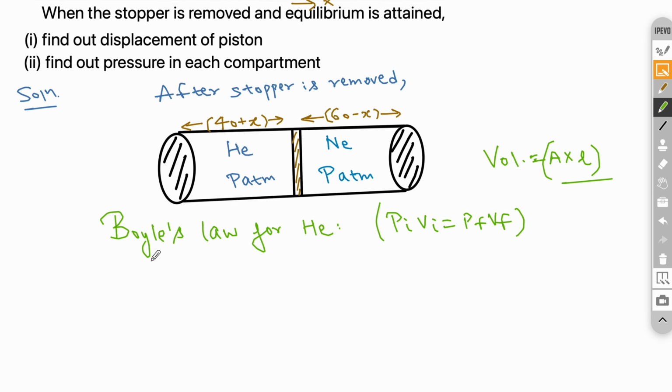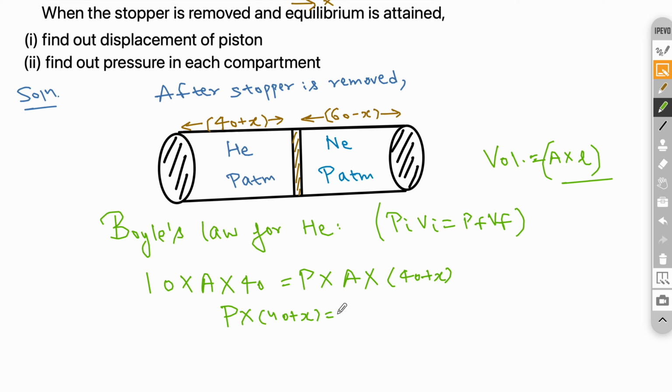So we put in the initial pressure and length: 10 multiplied by A multiplied by 40 equals the final pressure P multiplied by A multiplied by the length 40 plus x, right? We'll solve this equation and get P multiplied by (40 plus x) equals 400. This will be our first equation.